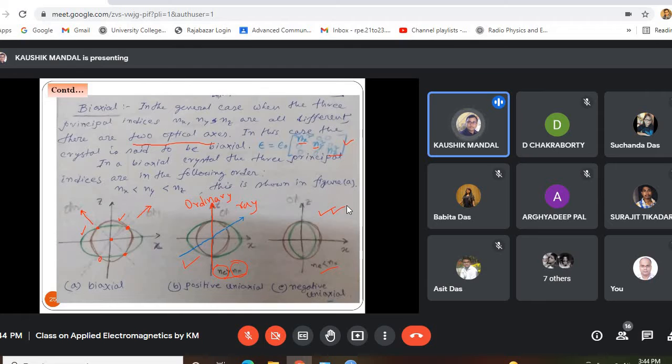Now, on this particular surface the K value is different, and on this surface the K value is different. So it is K1 and K2. Depending on the K value, the phase velocity will be different. So the corresponding ray or electromagnetic wave will exhibit two different phase velocities at the two different surfaces.